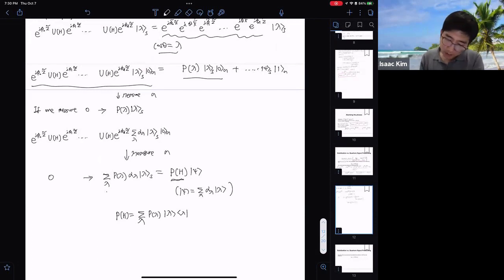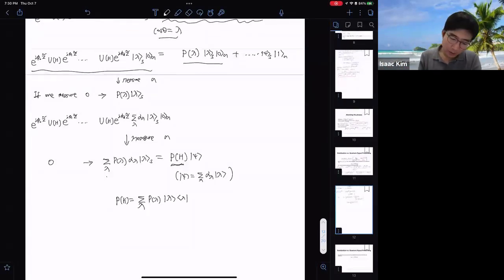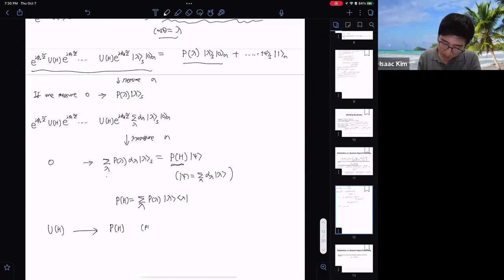This is what I meant by polynomial transformation. What we started with was a unitary encoding U of h, and then we applied a sequence of U of h and single qubit operations, and we were able to implement P of h probabilistically.